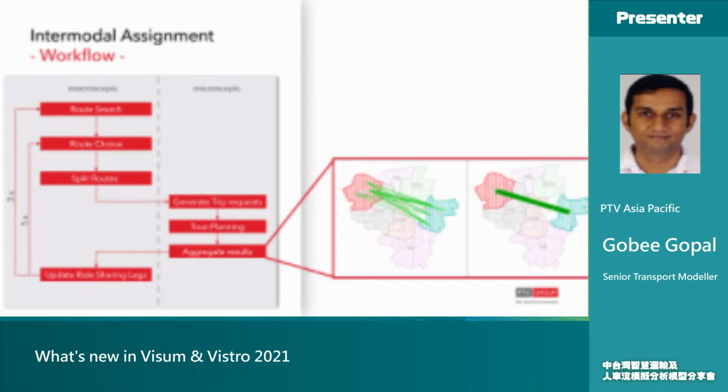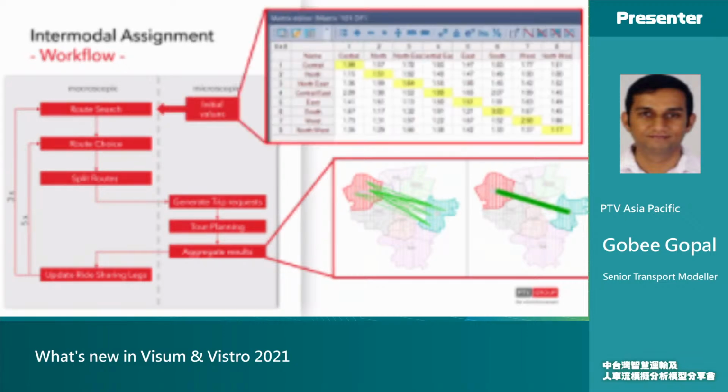As you know, some of your Visum models cannot be run in one iteration. It has to be a loop until you get a better convergence.